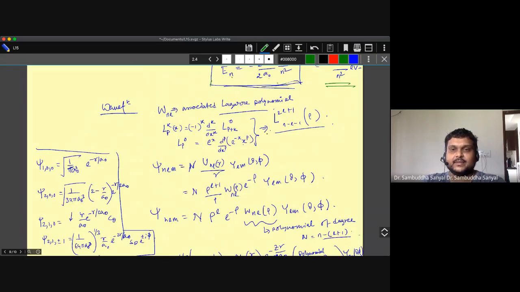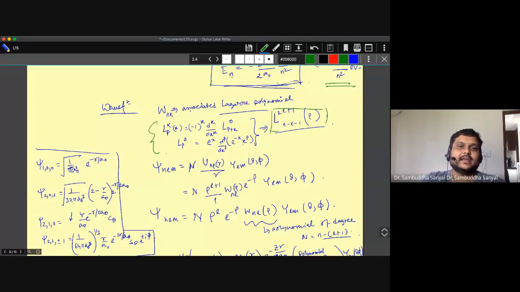So this is again a polynomial. Just like in the harmonic oscillator you saw Hermite polynomials, and some form of Laguerre polynomial you have seen earlier in another central potential problem. So here you will get these polynomials, called associated Laguerre polynomials, which have this kind of recursion relation or a generating function.